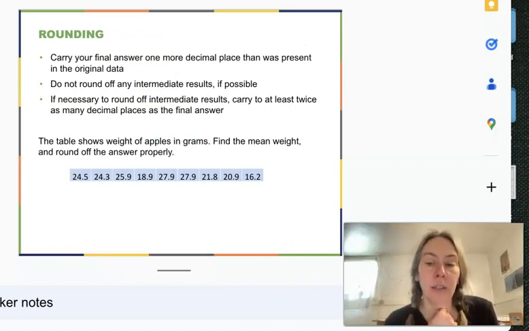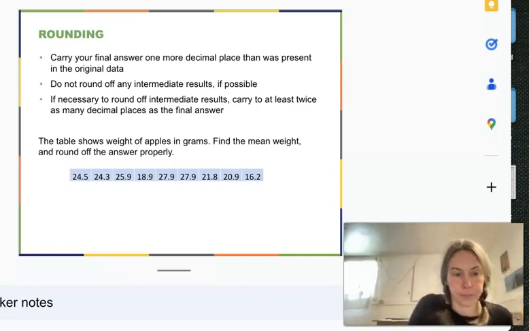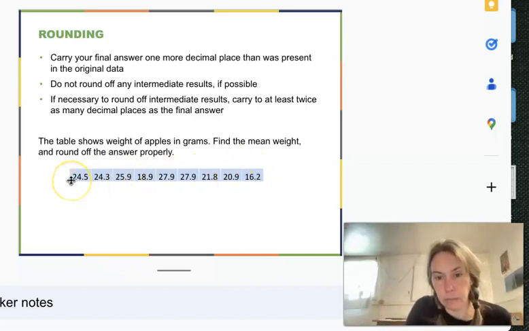I alluded to this earlier, but if you have data with no decimals, then you can keep your mean to 1 decimal. If your data has 1 decimal, you can keep your mean to 2 decimals. So that's just a rule of thumb. I don't think I have this answer handy, but if we average these, then we would keep 2 decimal places.